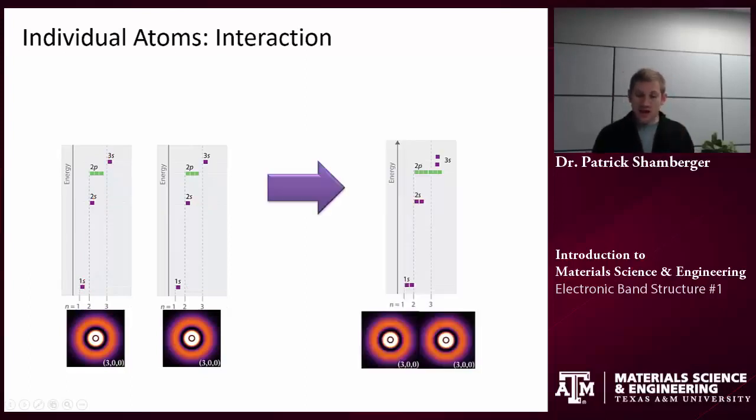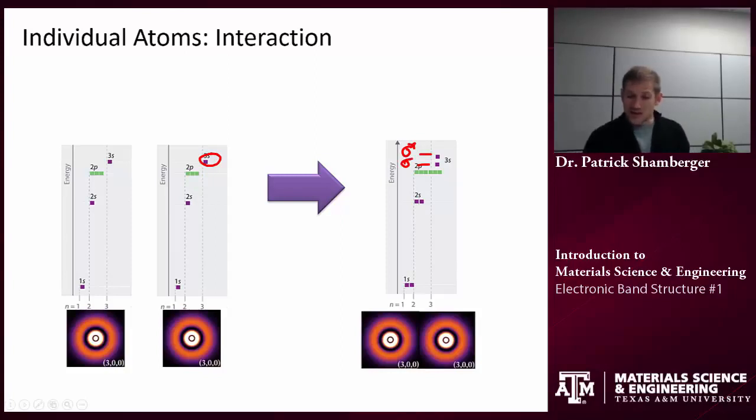Now, as they start to get closer and closer together, those wave functions will interact, and you see what happens. The 3s orbital starts to split into 2 different energy levels. This is what I mean by constructive and destructive: constructive would be down here, and the destructive, higher energy level orbitals.